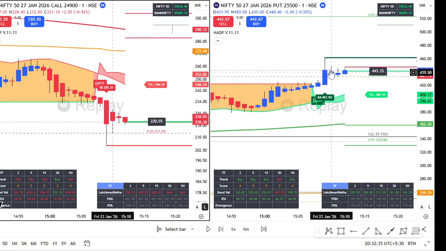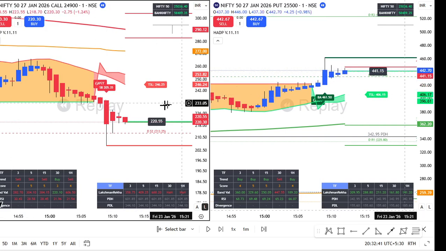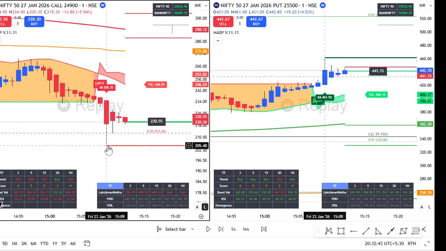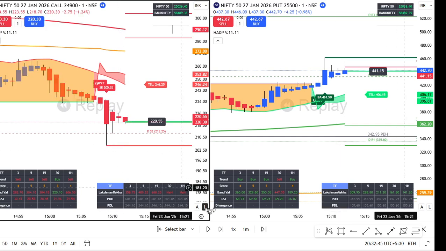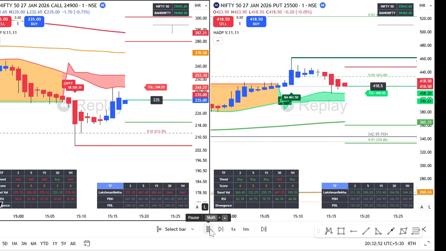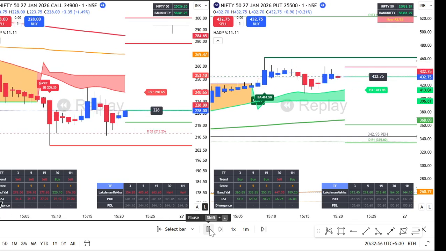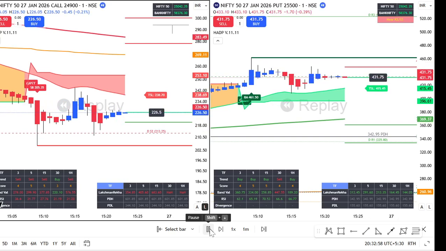Now it is showing you buying above 461, and it has drawn a line above it. The real price is now at 441. Sell below, it has printed at 205. The seller is still not broken in this part. So let's watch what happened. Watch both the sells.